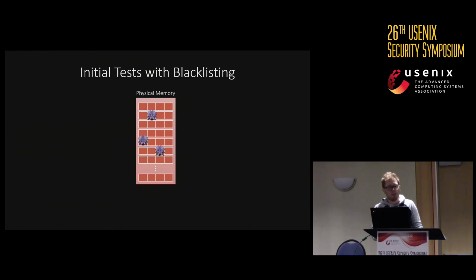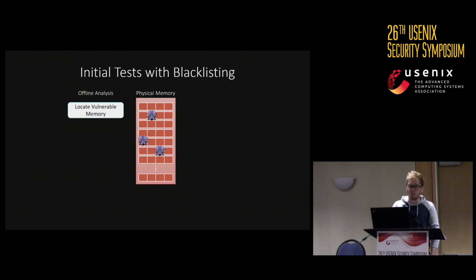For our blacklisting approach, we first need to identify vulnerable cells in an offline analysis phase. And this can be done using existing tools. For instance, there's a rowhammer test in memtest, I think, which you can use. We modified some of the tools slightly to compile a list of such vulnerable locations.